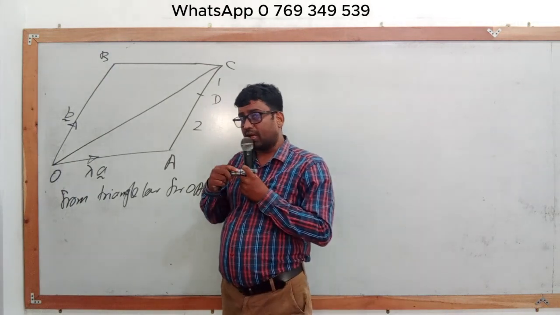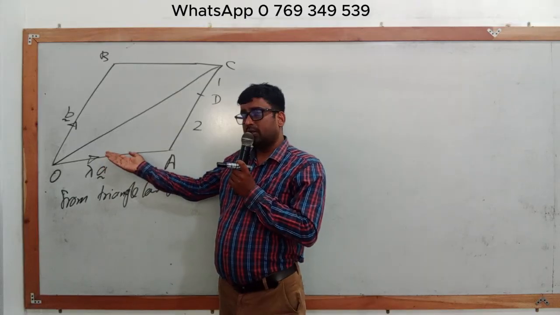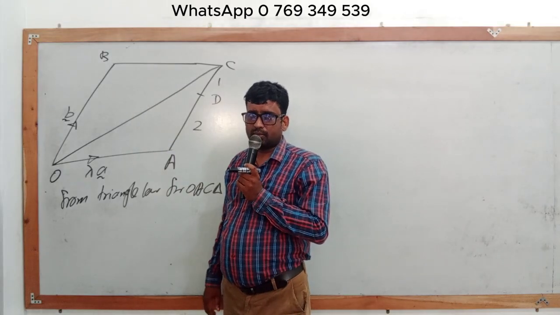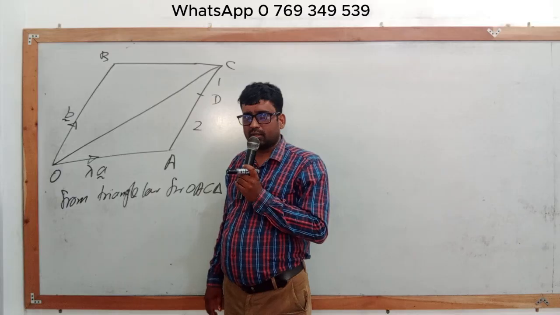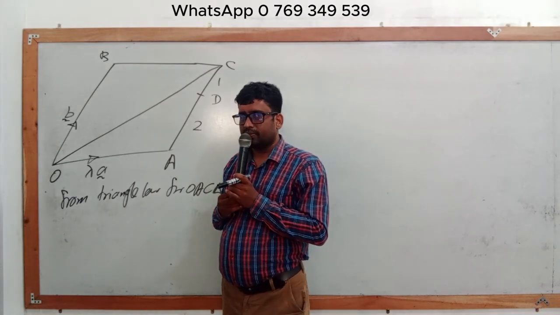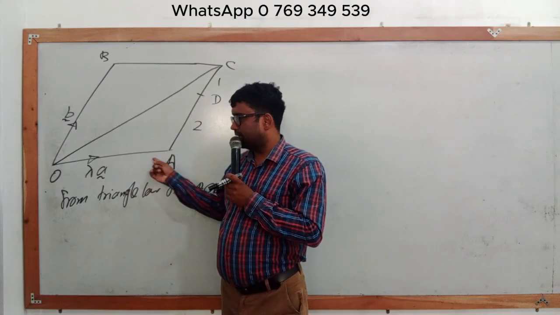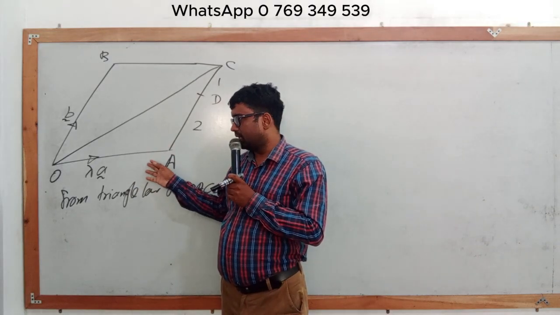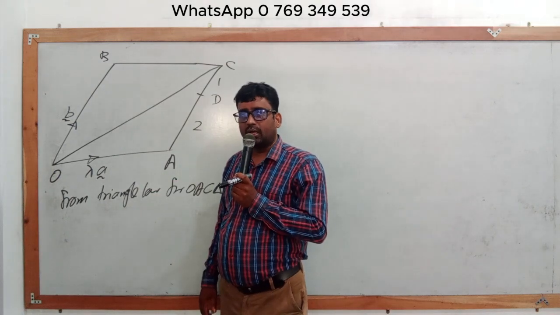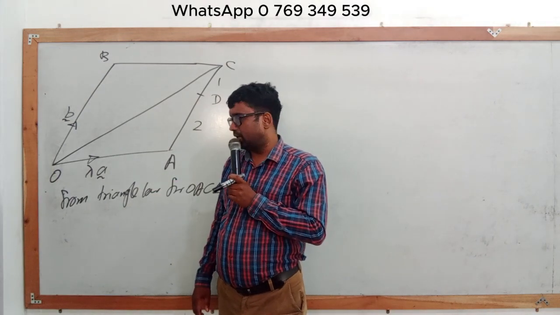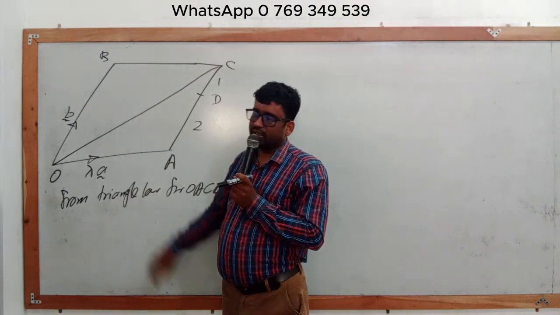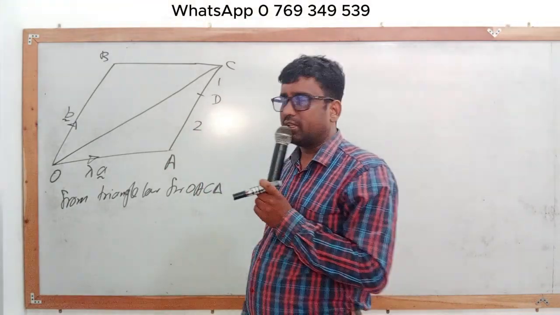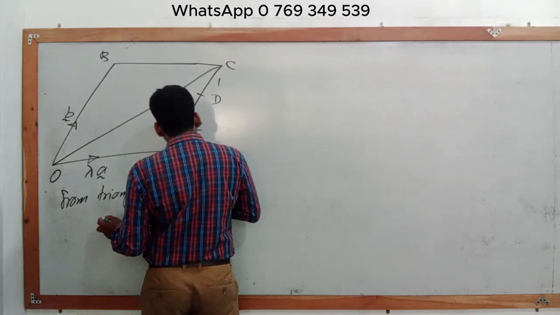In any triangle, two vectors are given by two sides of the triangle, and the other side is the sum of the two vectors, right? Right. Now, OC.